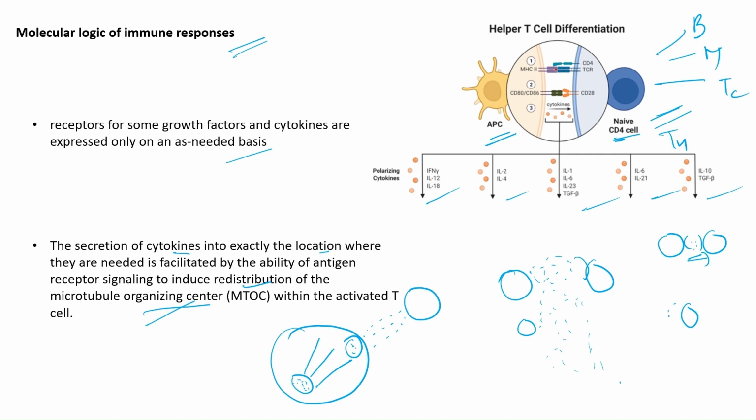In that case, the target cell won't get sufficient cytokines to become activated. So the cell that releases cytokines and its target cell should be in close proximity, and the cytokines are released towards the direction of the target site only. If the target site is present, suppose here, the microtubules will organize this vesicle here and it will release the cytokines.